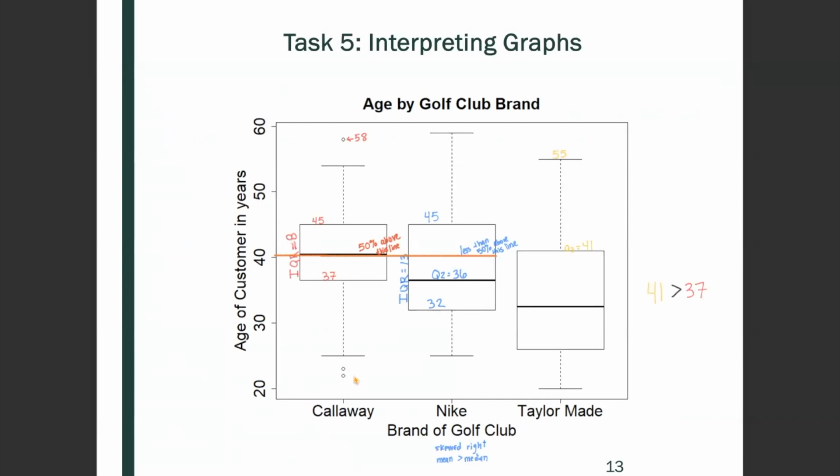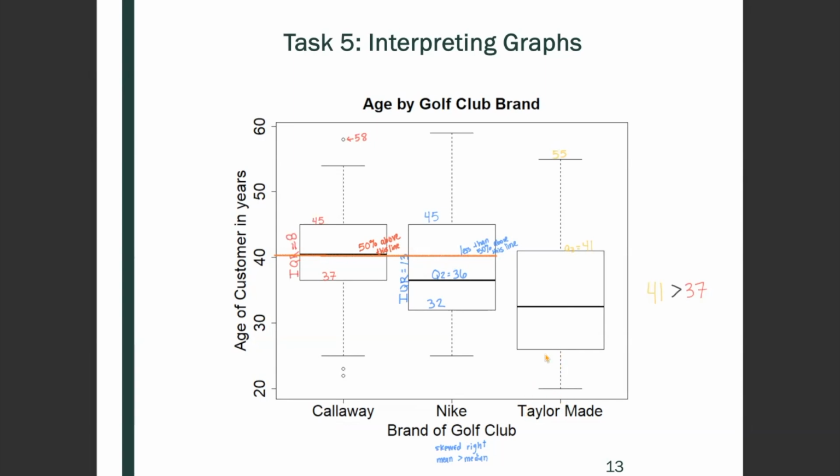Here we have values that are less than 25, so I would say Callaway is not a good option. Here, Nike looks like we have our minimum values starting at 25 and going to 60. So Nike looks like a good candidate, but let's look at TaylorMade.